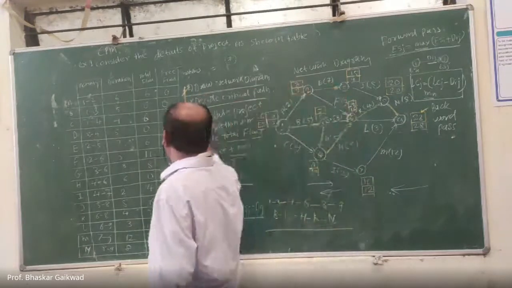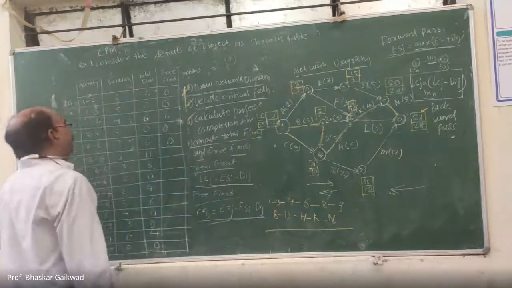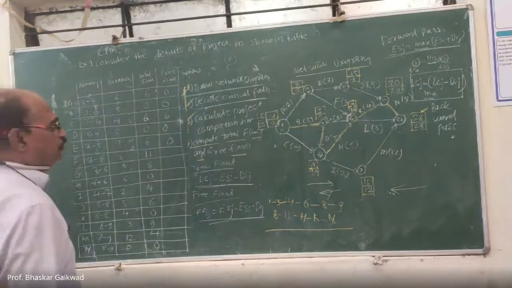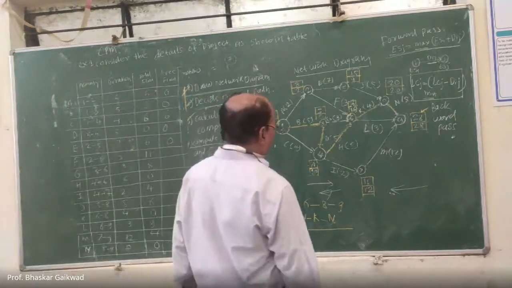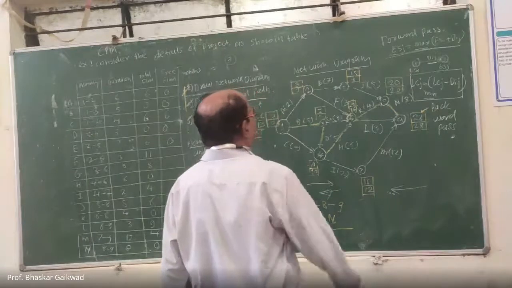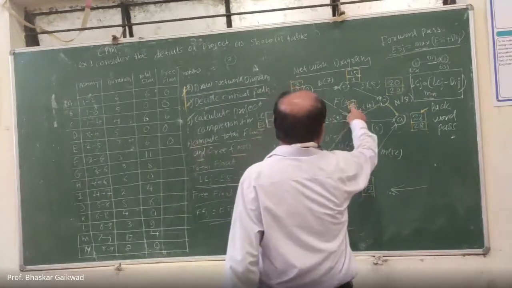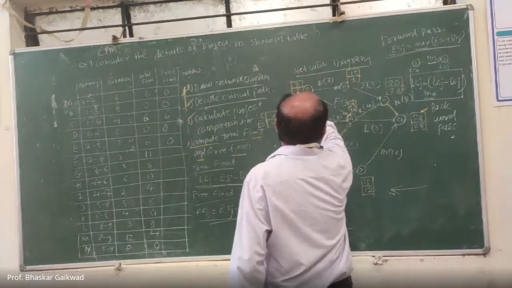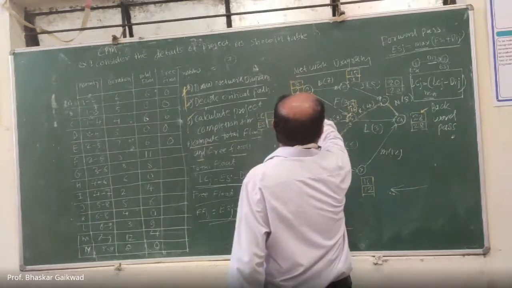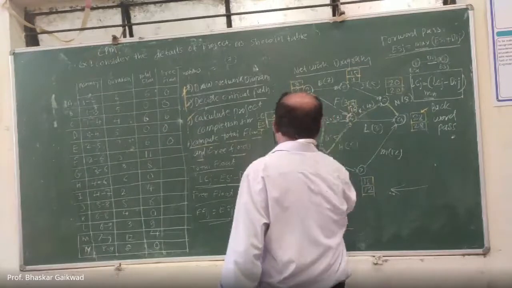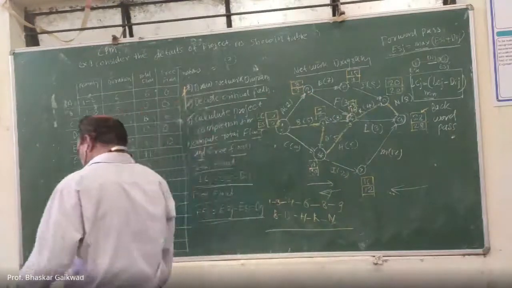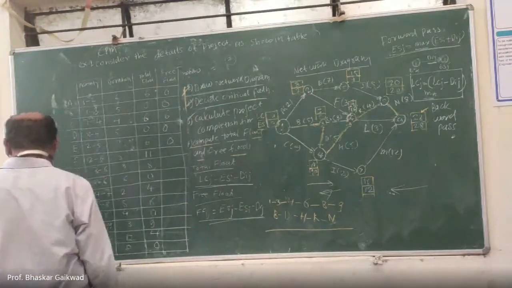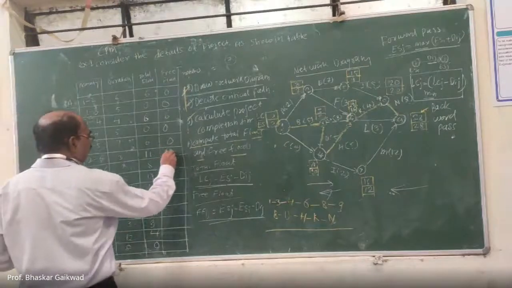So here E is the 0. Correct. Now F, 2 to 6. Where is the F here? So here it is 16. 16 minus 2, 14. 14 minus 3, 11. So F, that is the 11. So here you can write 11.